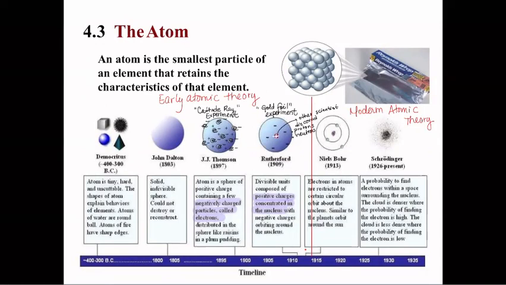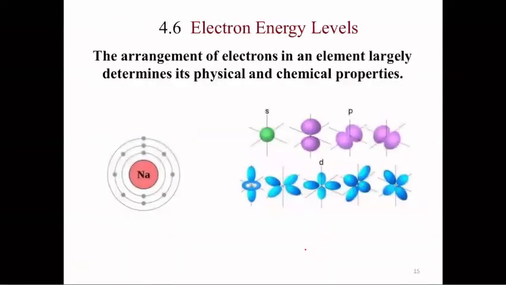But up until the end of early atomic theory, we didn't give any location to the electrons. So in section 4.6, we're going to focus on modern atomic theory, in which we are going to discuss the contributions of Niels Bohr and also Schrödinger. Remember, by the end of early atomic theory, we don't know if there is a particular location for the electrons.